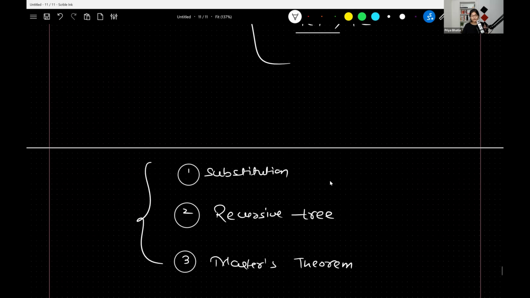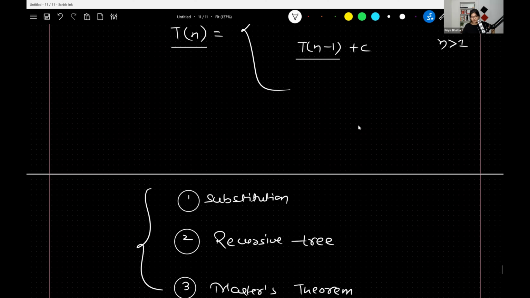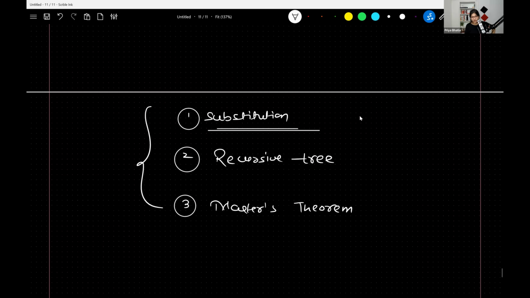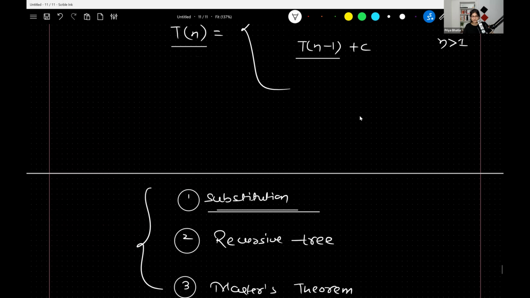You can apply any of these methods to get your time complexity in terms of big O. Directly, you can't compute it. So what is the substitution method? I will talk about this today. How can we get this time complexity with the help of the substitution method? Further, we will talk in future sessions, okay?